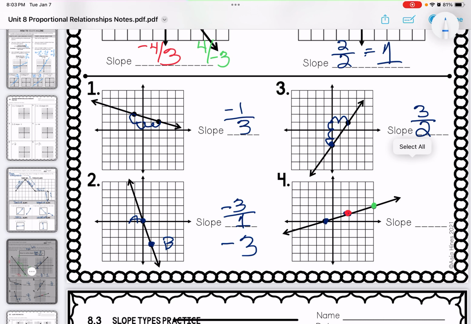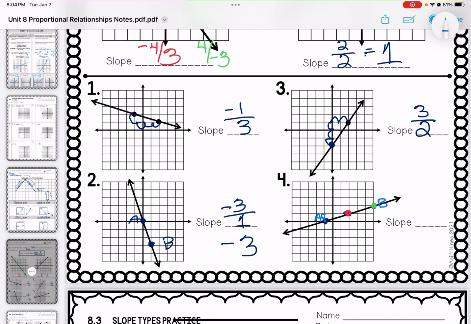All right, you ready? So I'm going to choose this one as my A, and then I'm going to go all the way up here for my B. I notice that my line is going up. If I start here and get to B, I got to go up, like my airplane's going up, so that's a positive.